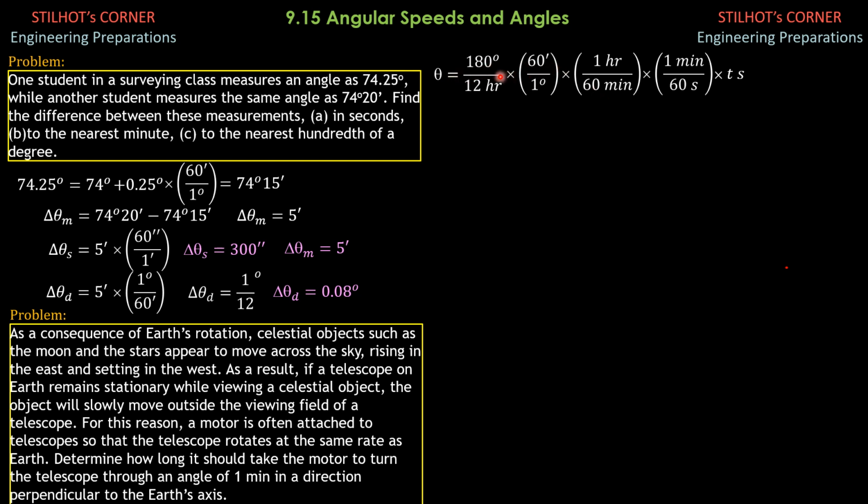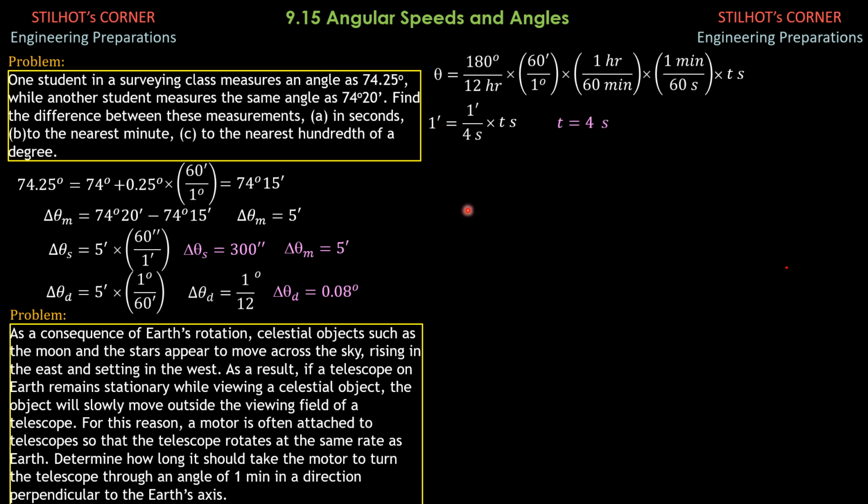We have 180 over 60 is 3 over 12. So that's 1/4 minute per second. So 1 minute is equal to 1/4 minute per second times time in seconds. Therefore, cross multiply, the time in seconds is 4 seconds.